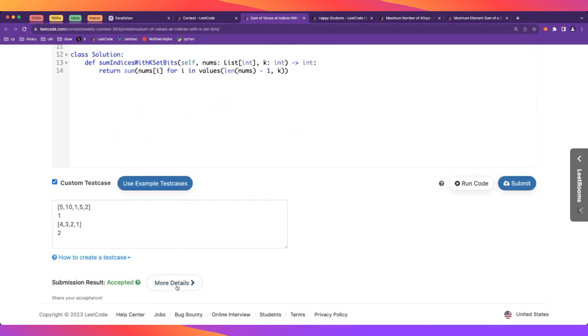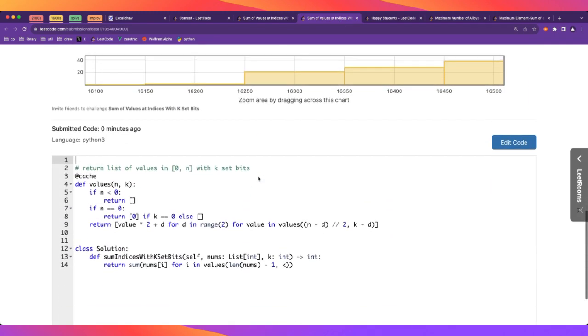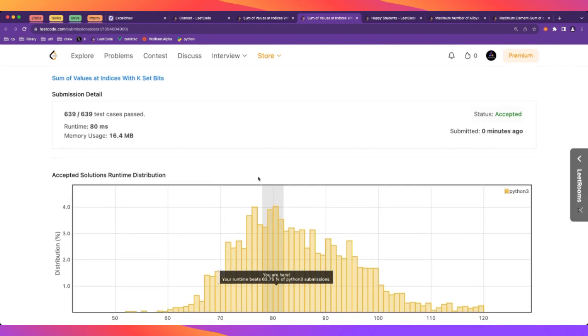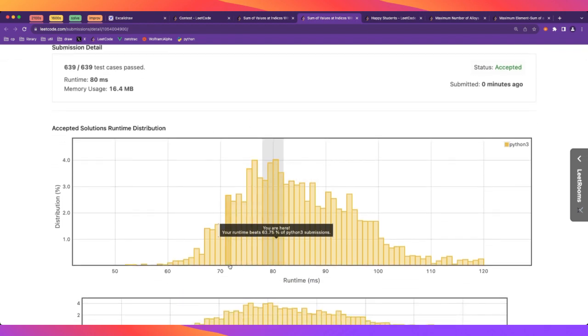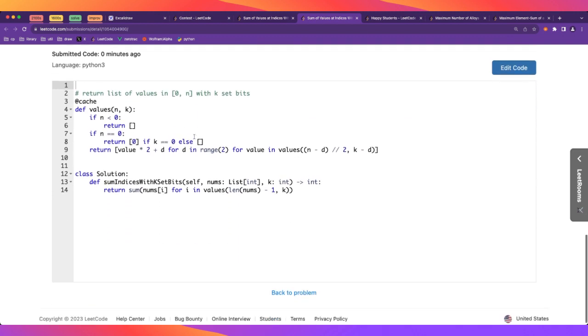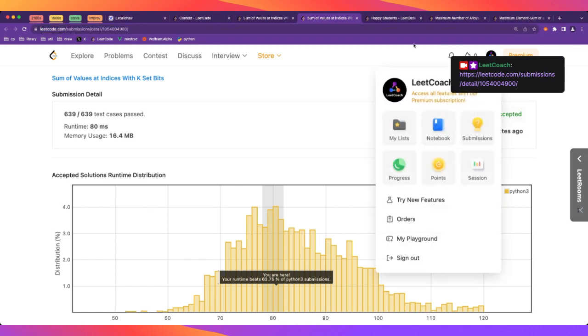All right. So 80 milliseconds, so it doesn't seem super fast here. Well, because the input is very small, so it doesn't make any difference. So yes, let me share.